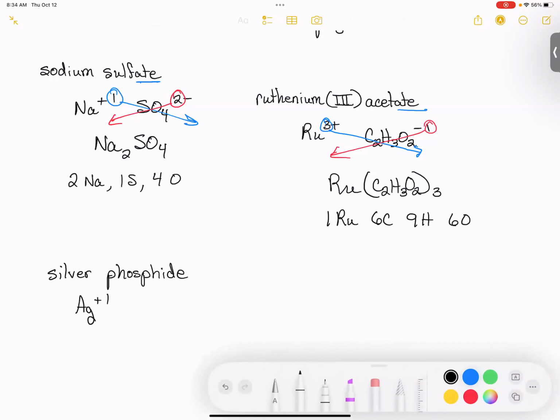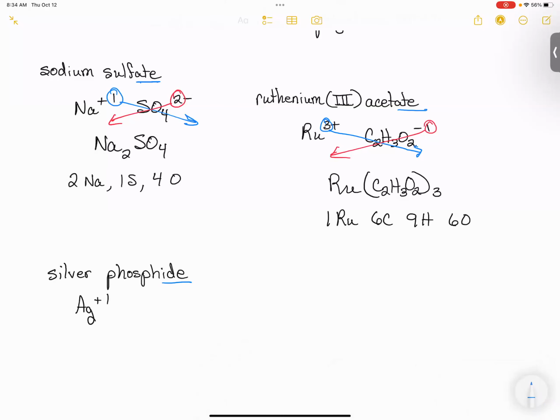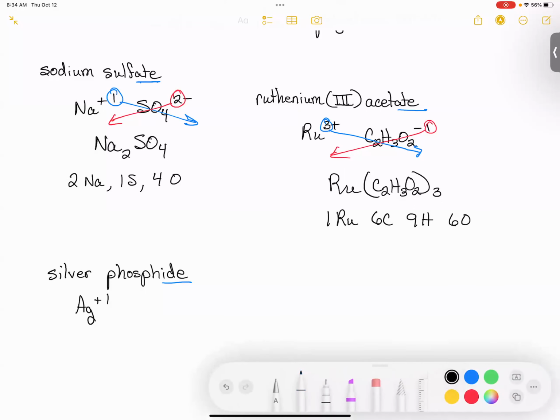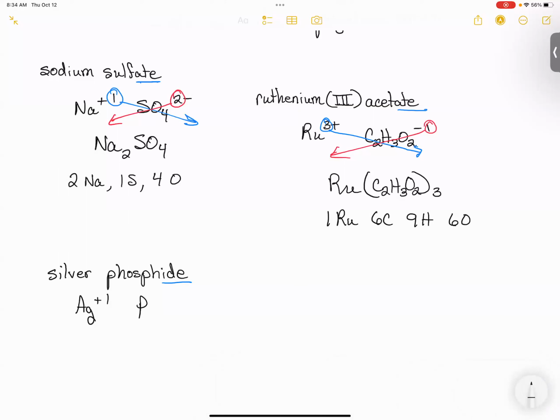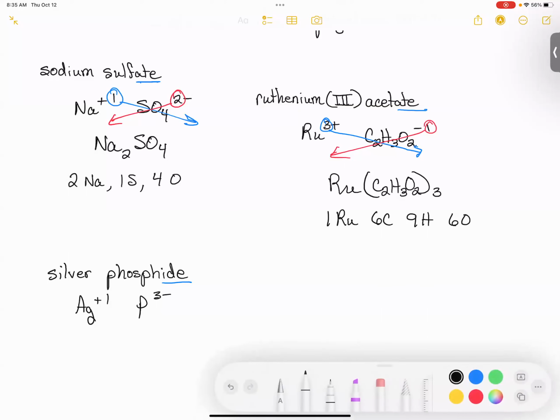Phosphide. What is my ending telling me? That it's an ion of an element. So it's P. And what is phosphorus's charge as an element? -3 because it's in group 15.